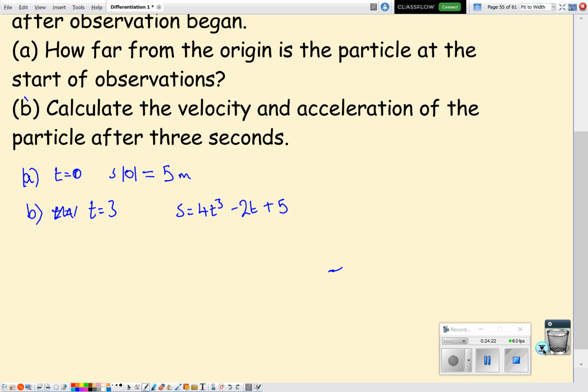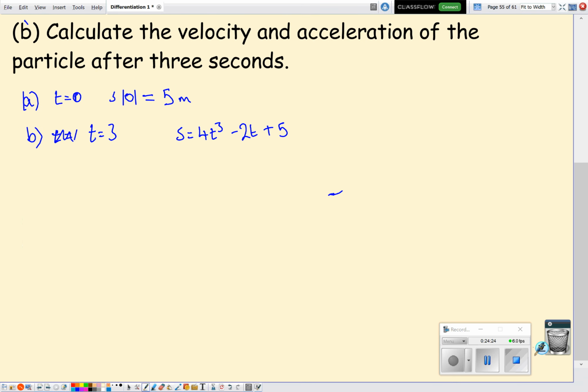There we go. Right, so velocity is the derivative of displacement, so ds by dt. So velocity is going to be 12t squared, take away 2. And so when t is equal to 3, then the velocity is going to be 12 times 3 squared, take away 2.